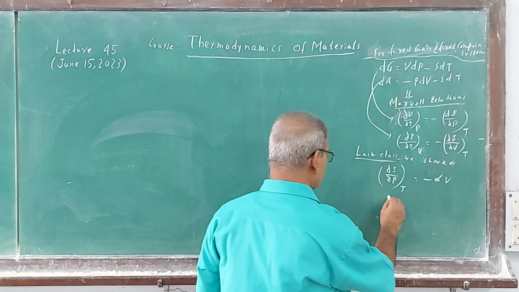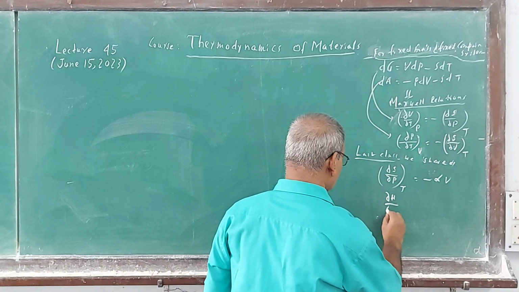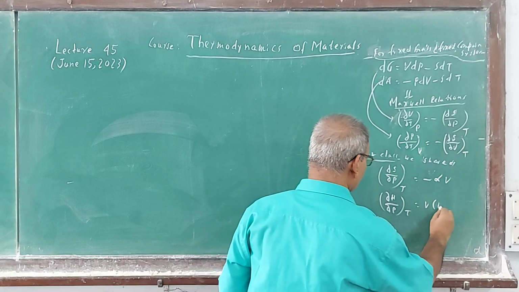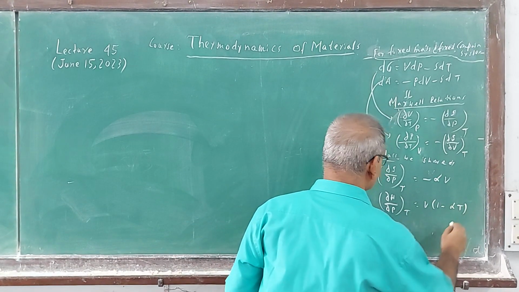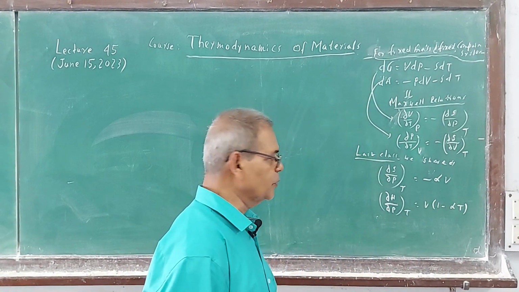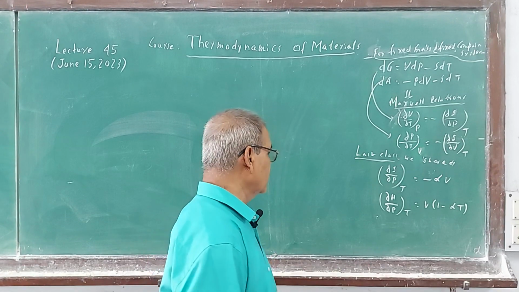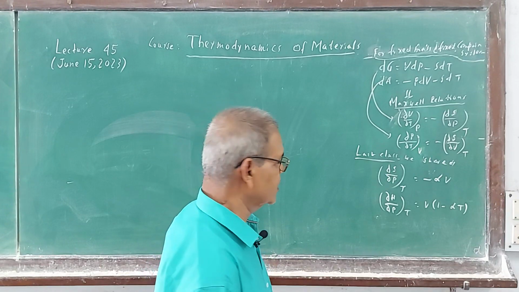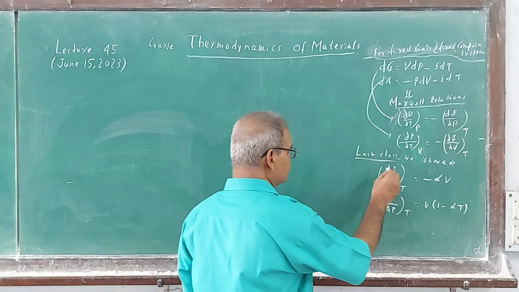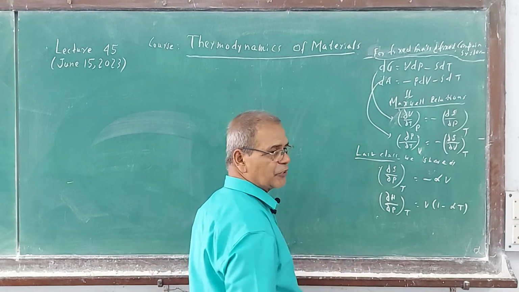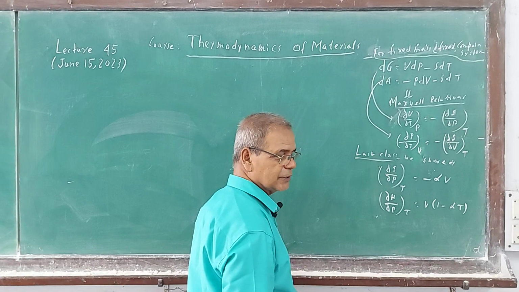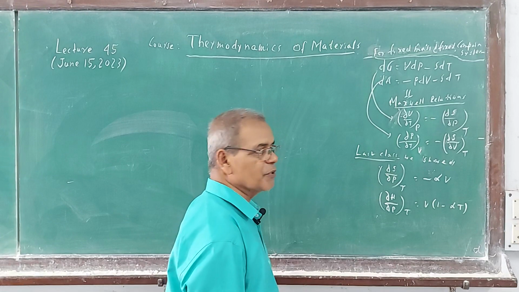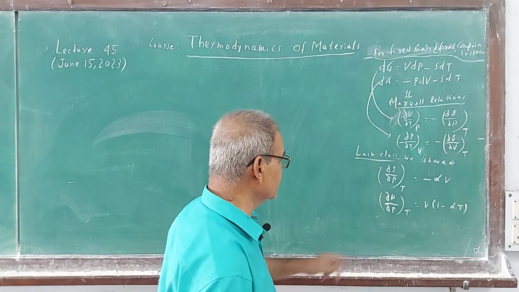And del H del P at constant temperature was also V times 1 minus alpha T. These two we get. So today what is remaining? Obviously entropy, enthalpy, then free energy. So how entropy changes with pressure under isothermal condition, and enthalpy changes with pressure under isothermal condition. These are the results.